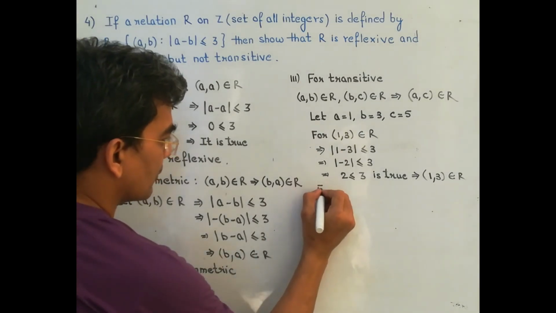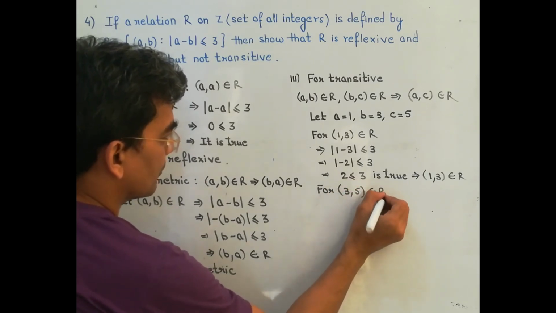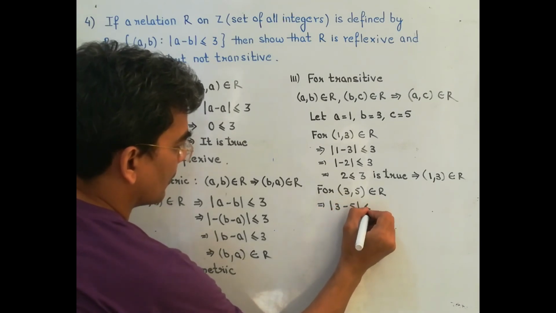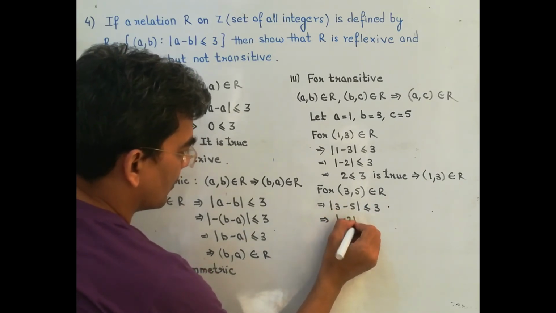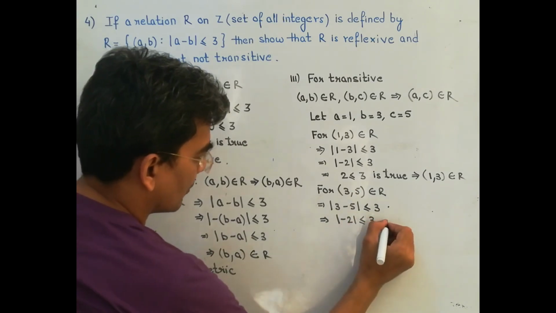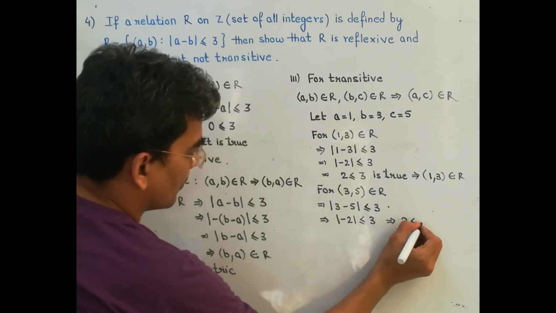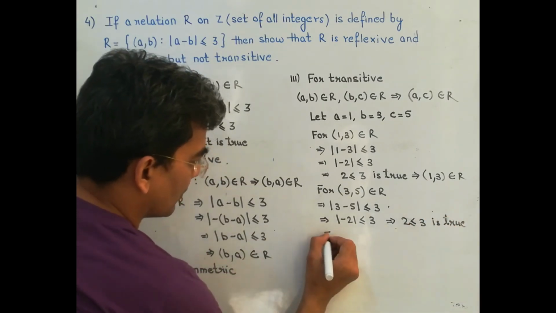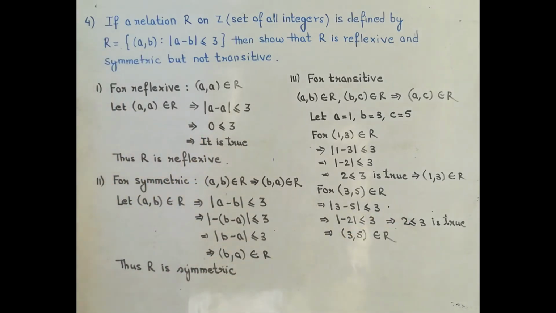Similarly for 3 comma 5, we have shown 3 comma 5 also belongs to R.